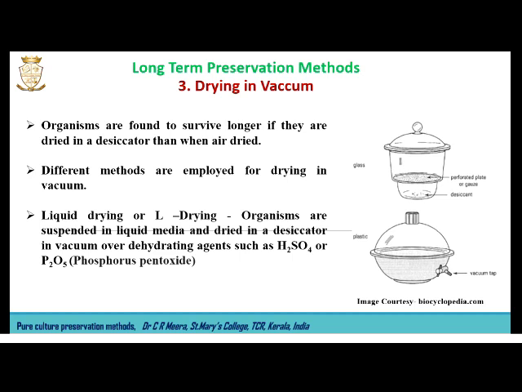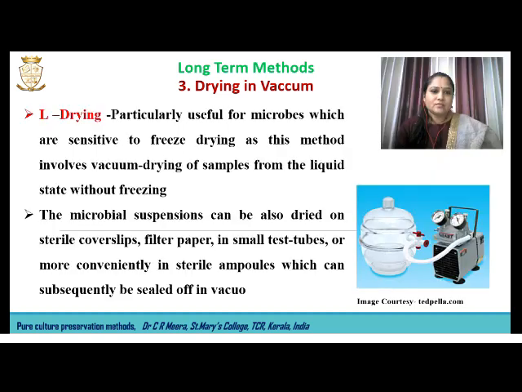In this method, the microorganisms are suspended in a liquid media and then it is kept inside the desiccator over the perforated plate. It will be dried using the dehydrating agents such as sulfuric acid or phosphorus pentoxide. This method is very much suitable for the microorganisms which are sensitive to freezing or lyophilization.